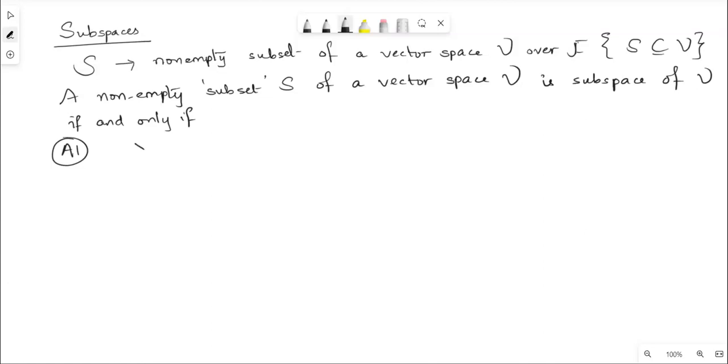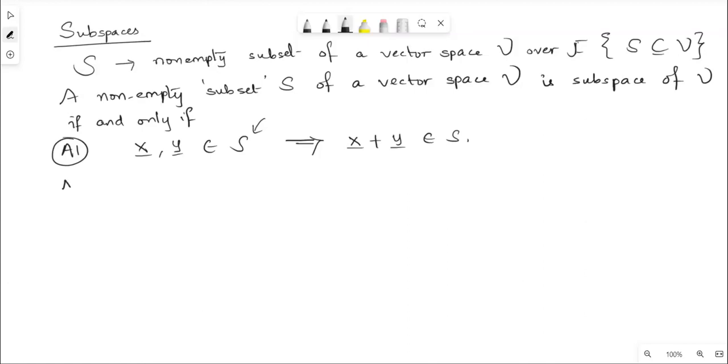That is, if we have two vectors x and y belonging to this subset S, then it should follow that this vector addition also belongs to the subset S.